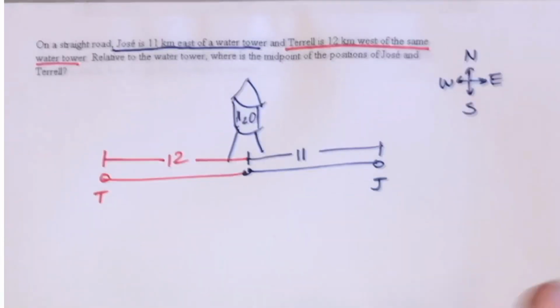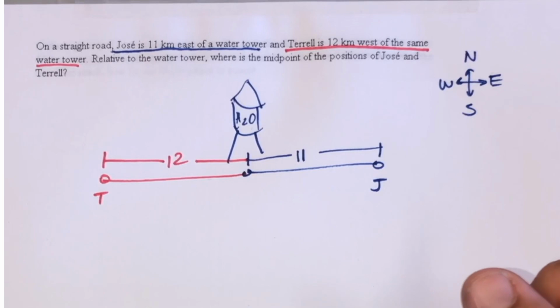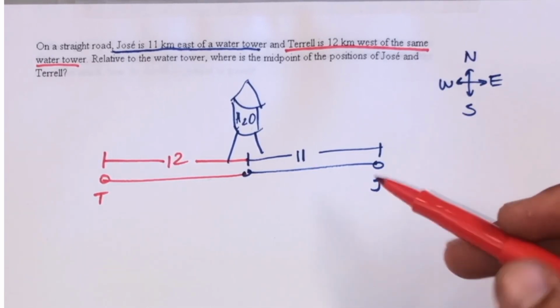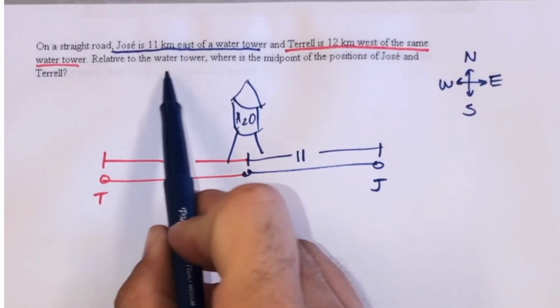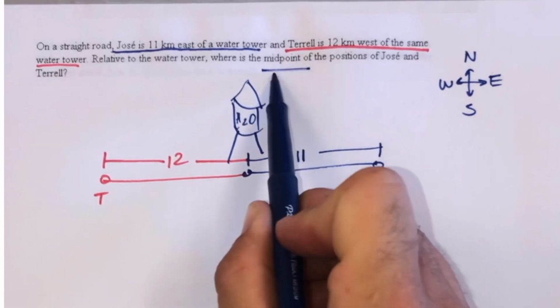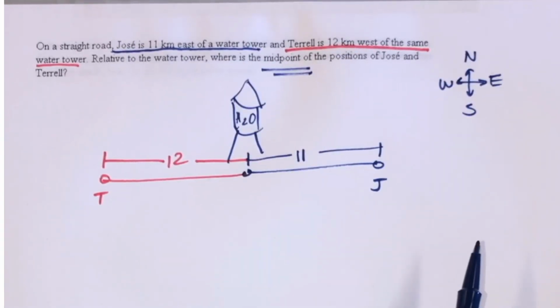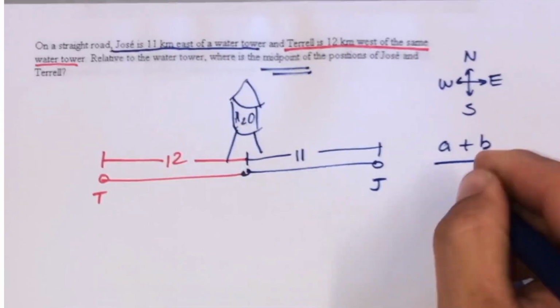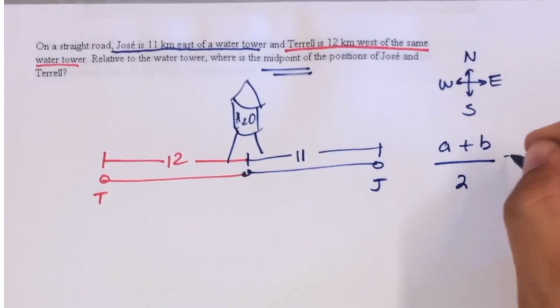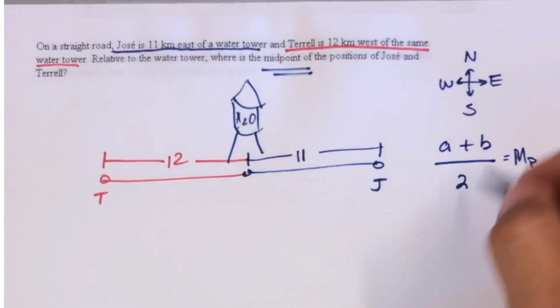Without this diagram, without this visual, this question is going to be difficult at first. Once you get a visual of it, though, you might be able to start working through it. So relative to the water tower, where is the midpoint? Right away, midpoint, I know I'm going to have to use the midpoint formula, a plus b over 2.